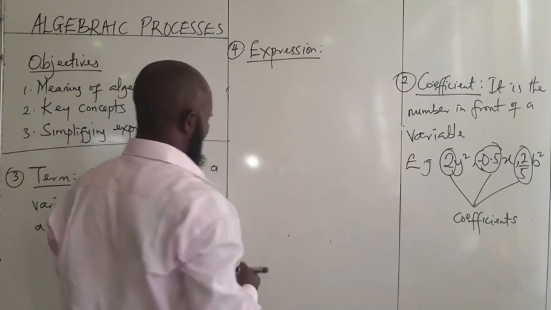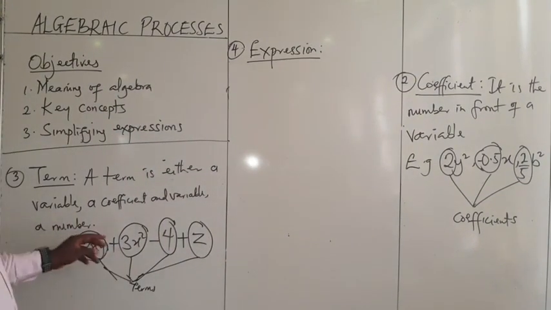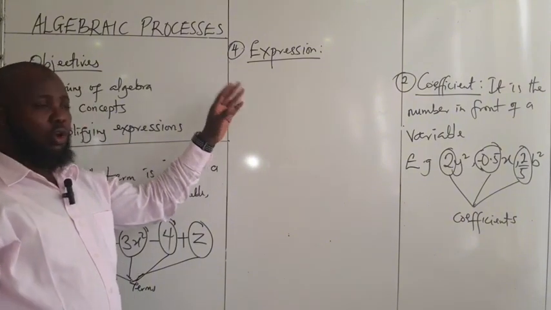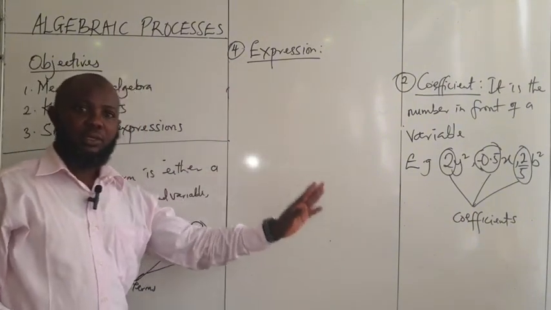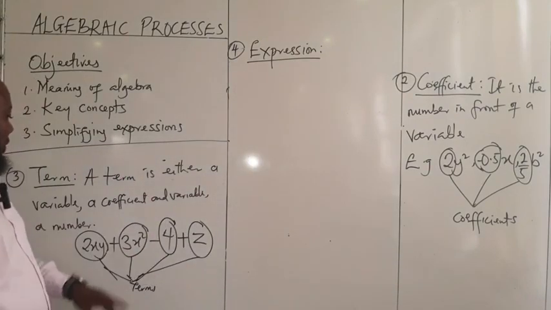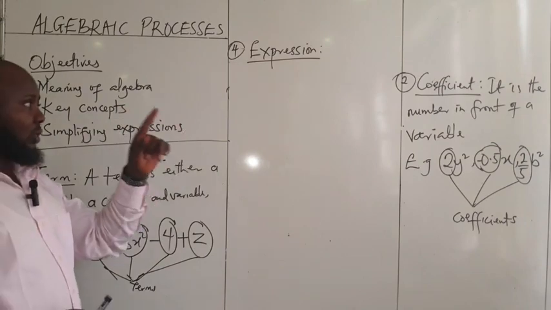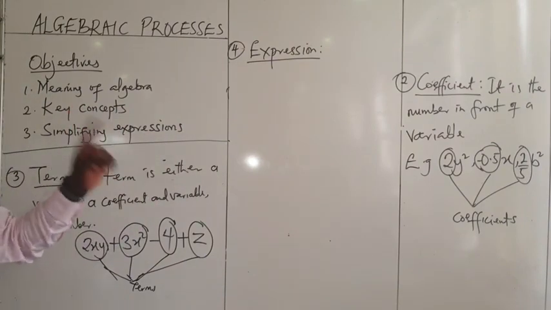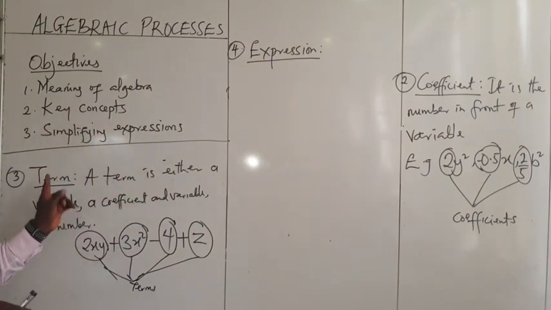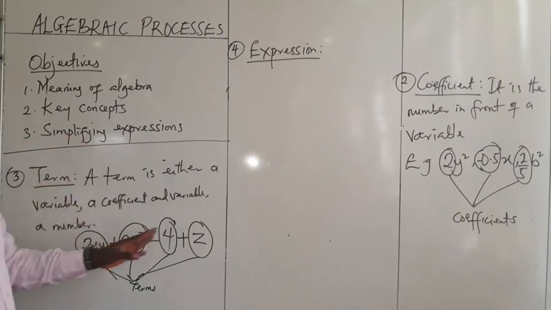Now, you can see one after the other, all of them are interwoven. So expression is the combination of terms. You notice that we started with variable, then we go to the coefficient. So a coefficient and a variable gives us a term, or a variable alone, or numbers alone, give us a term.